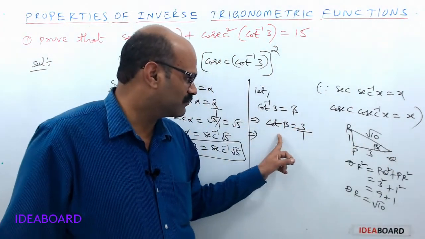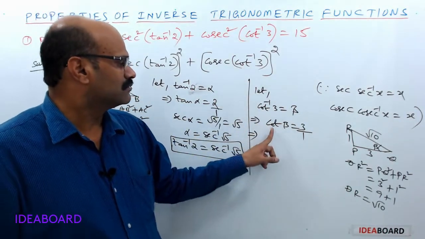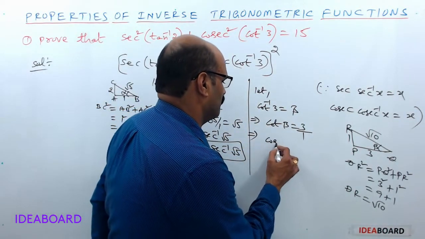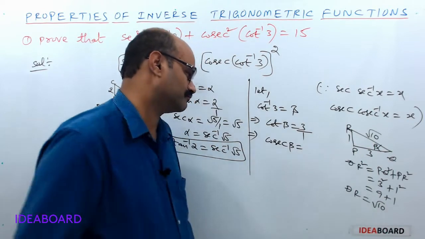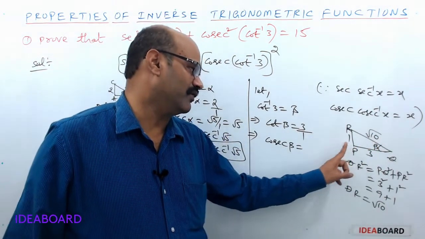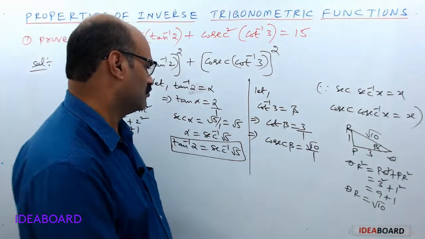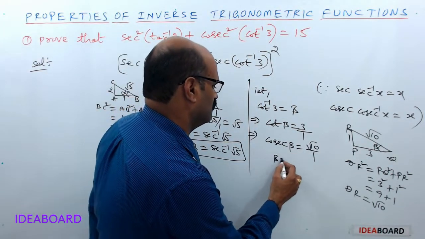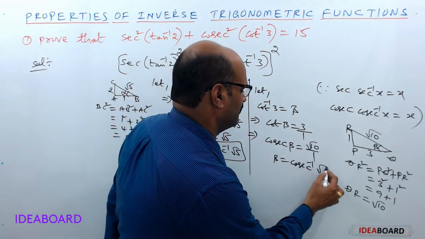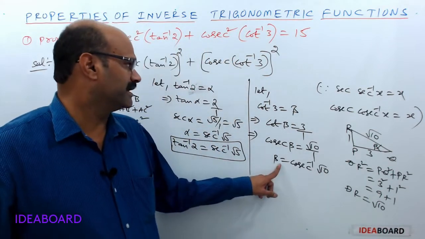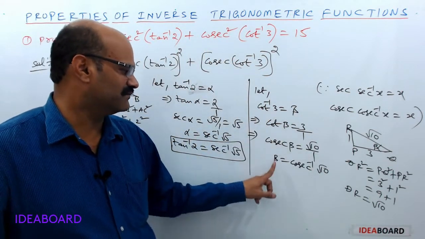Now we can write cosecant beta equal to root 10 by 1. So now beta equal to cosecant inverse of root 10. But here beta equal to cot inverse of 3.